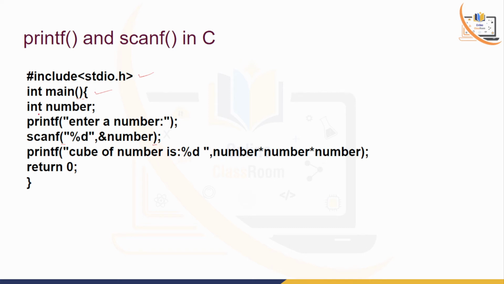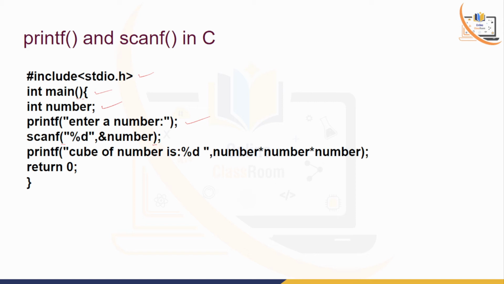After that, there is the line int number. It means int is nothing but an integer, and number is nothing but a name. So we can write int x, we can write int xyz, whatever it is, right? After that, there is printf, enter a number. The work of printf is to show something to the user. If we write inside printf "enter a number", it will show on the screen: enter a number.